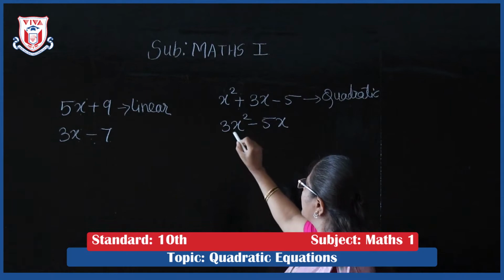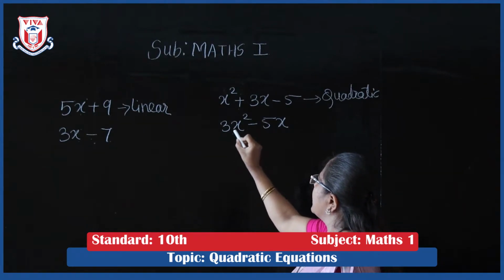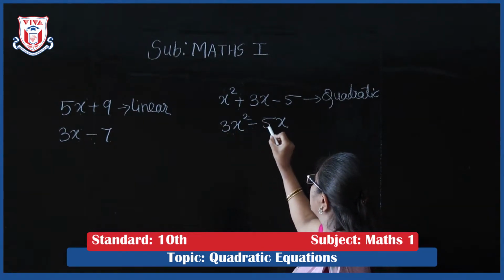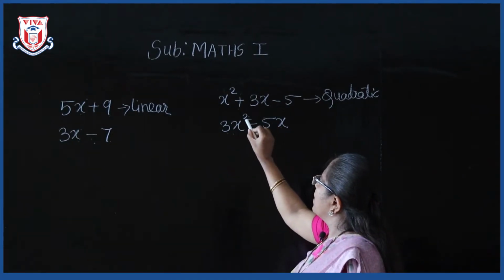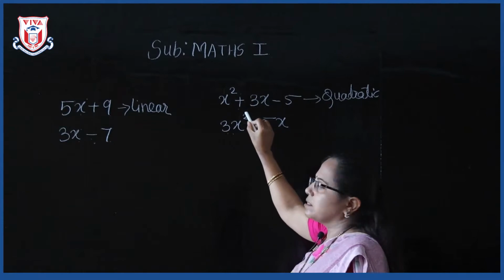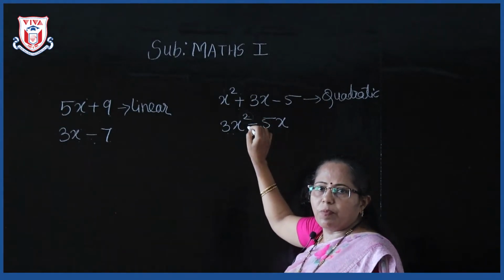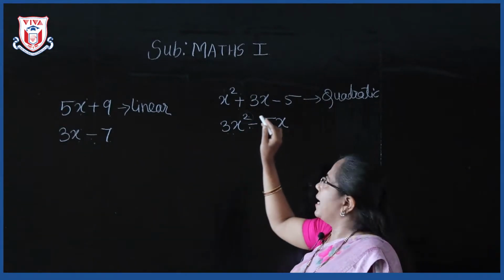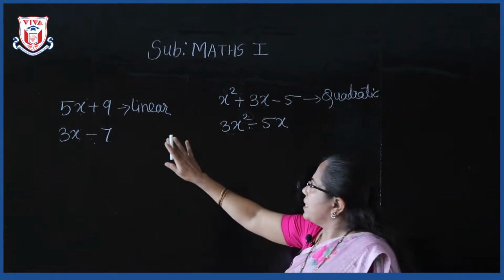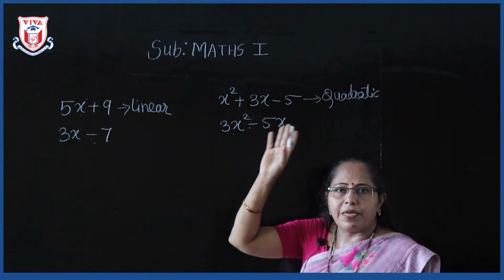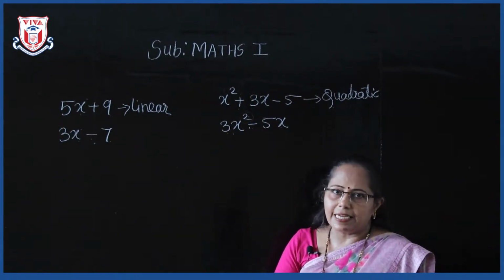Last example, 3x square minus 5x. In this polynomial, the maximum index of the variable is 2. So this polynomial is also called a quadratic polynomial. So this you studied in the previous standard, that means in 9th standard.